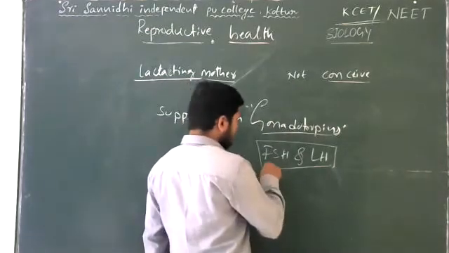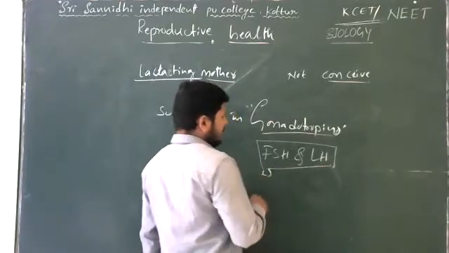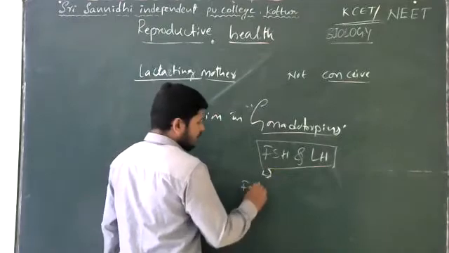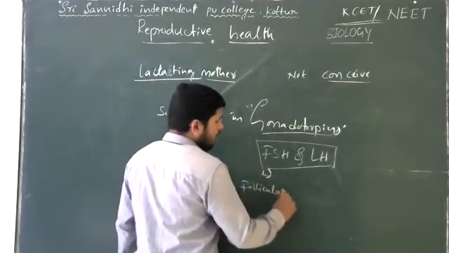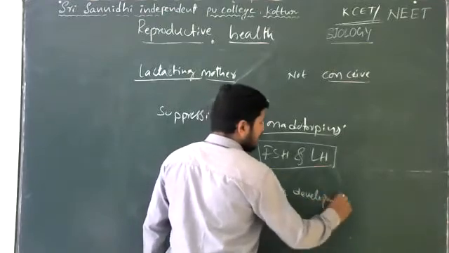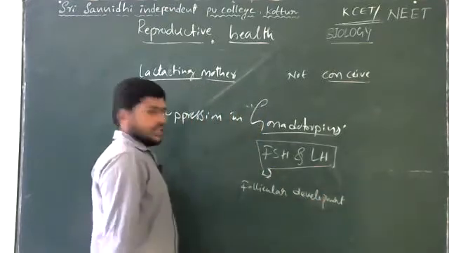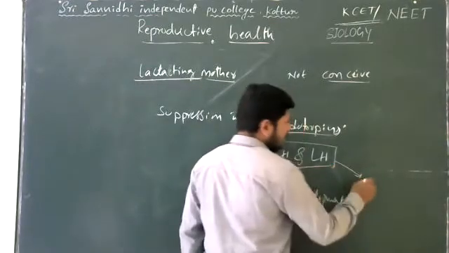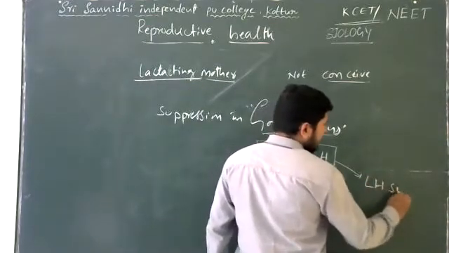Follicle stimulating hormone is involved in follicular development, stimulating the follicular development in the ovary. The LH hormone plays an important role by causing the LH surge.